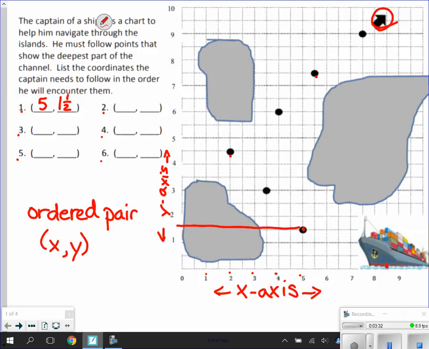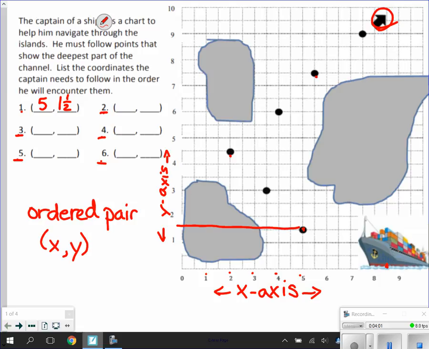On a piece of paper, if you need paper, you can go get paper, you know where it is. Number it out 1, 2, 3, 4, 5, and 6, and write out your ordered pairs. Okay, so do that. You can have 3 minutes. So I want you to hit pause, and you have 3 minutes.